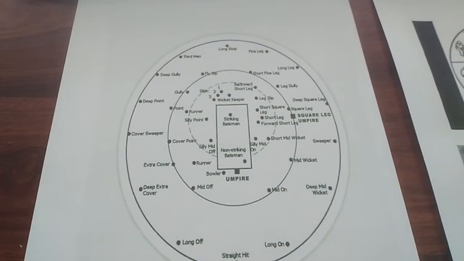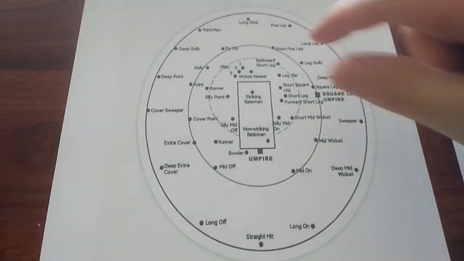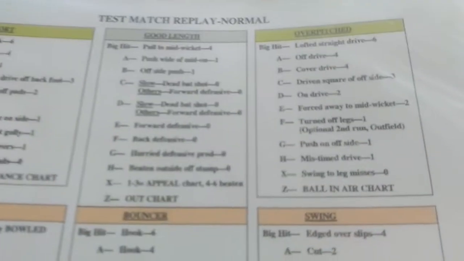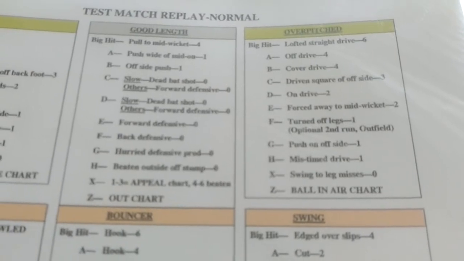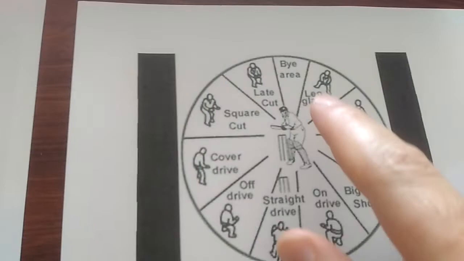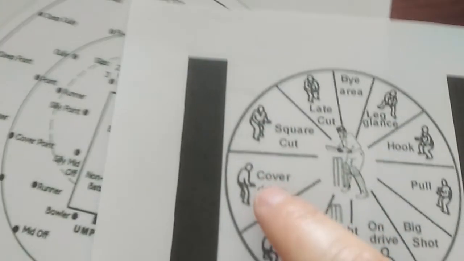As I said, in international cricket, you don't have to worry about placing these fielders where they are. But just so, having a chart like that, and you can download one from online if you want, you can sort of see where the cover drives go. And when you hit a cover drive, if you put these two charts together, you hit a cover drive over here.